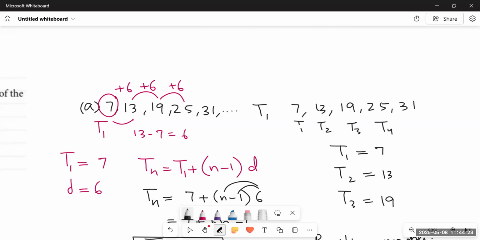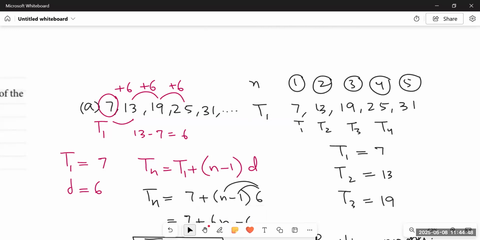But n in these situations is 1, 2, 3, 4, which means when n is equal to 1, then T1 is equal to 7. When n is equal to 2, T2 is equal to 13. When n is equal to 3, T3 would be 19. When n is equal to 4, T4 would be 25.